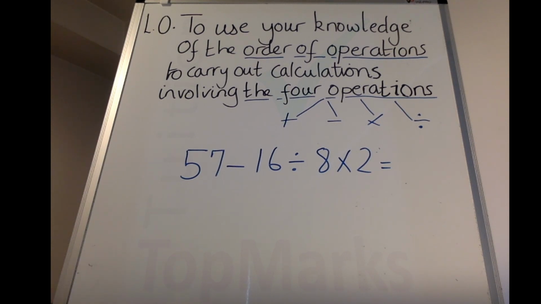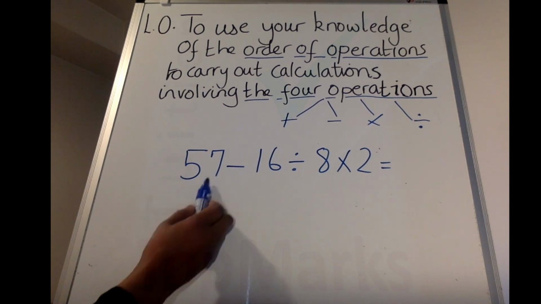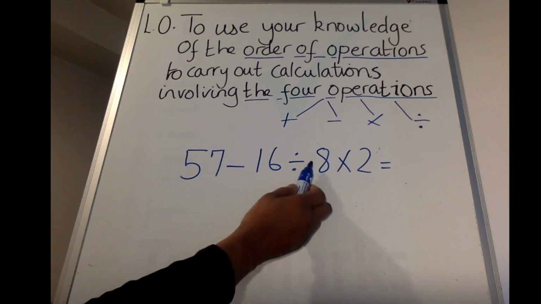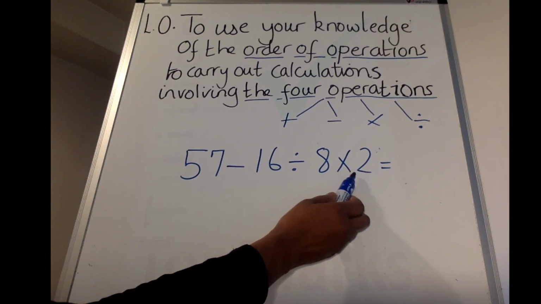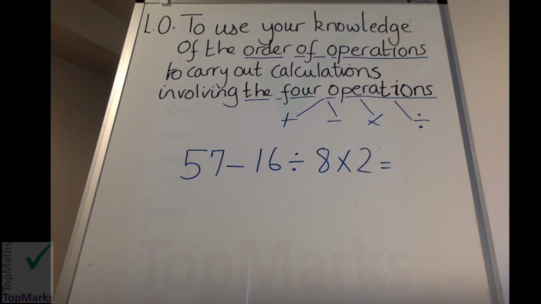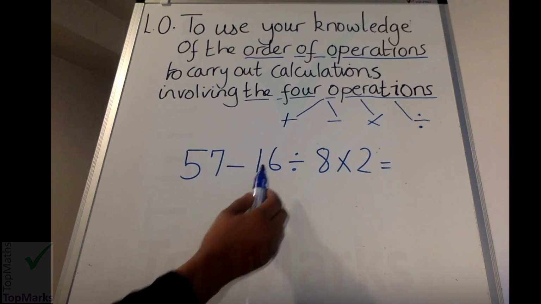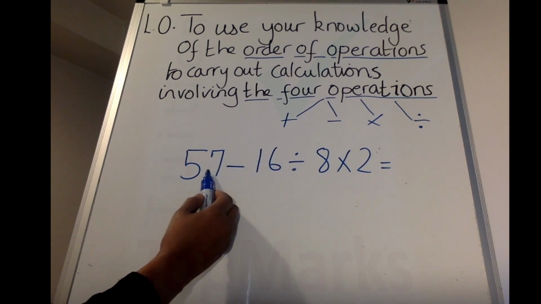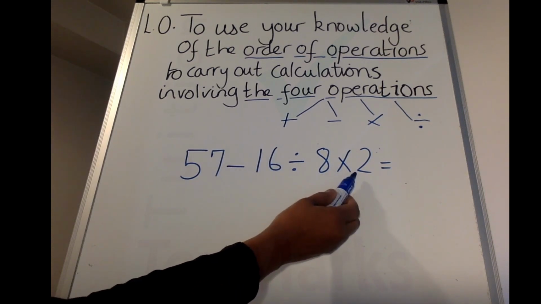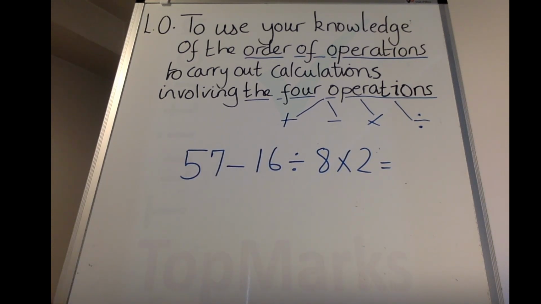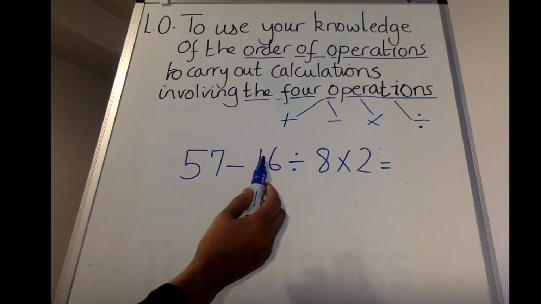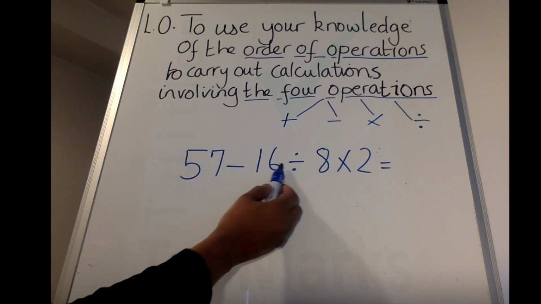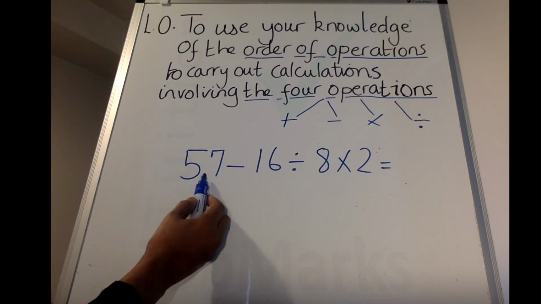Are you expected to first do 57, take away 16, then divide your answer by 8, and then multiply by 2? Or are you expected to first perhaps do 16 divided by 8, take that away from 57, and then multiply by 2? Or are you expected to perhaps first do 8 times 2, divide your answer into 16, and then subtract your answer from 57?